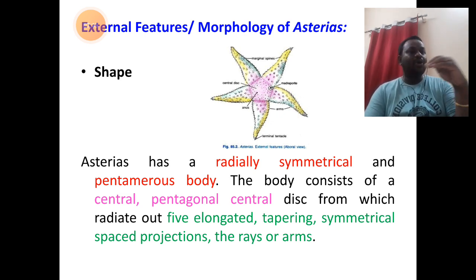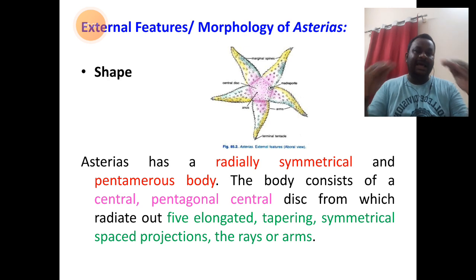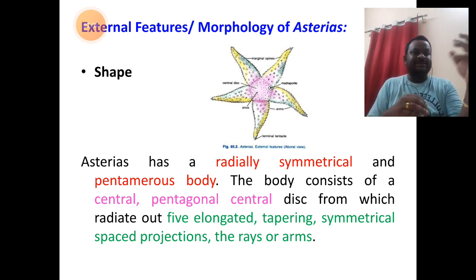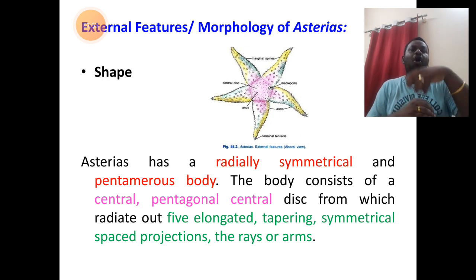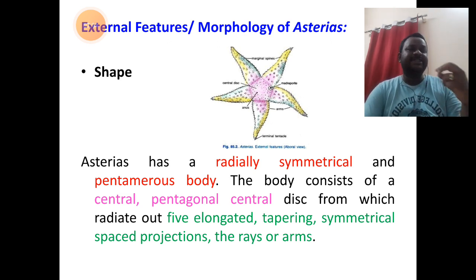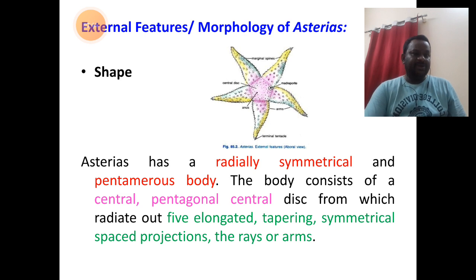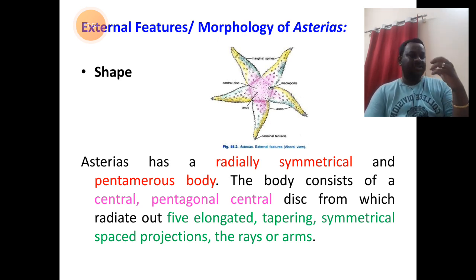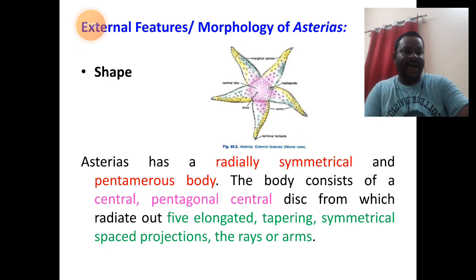From the disc arise 5 elongated, radiating, tapering projections referred to as arms or rays. So there are 5 arms or 5 rays attached to the central pentagonal disc. This is the body shape of the organism Asterias.